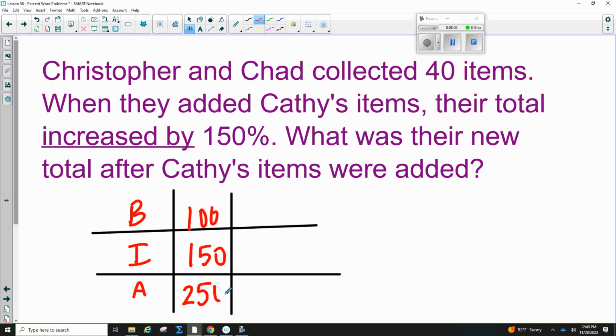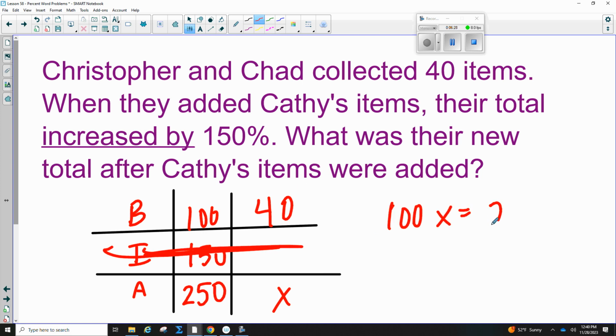They had 40 items, and then they added Kathy's. What was their new total after it was added? So our 40 goes here. This represents Kathy's. We need to know how much they had at the end after it was all added together. I'm going to go ahead and cross multiply right away here. So I have 100x equals 250 times 40, and divide by 100.